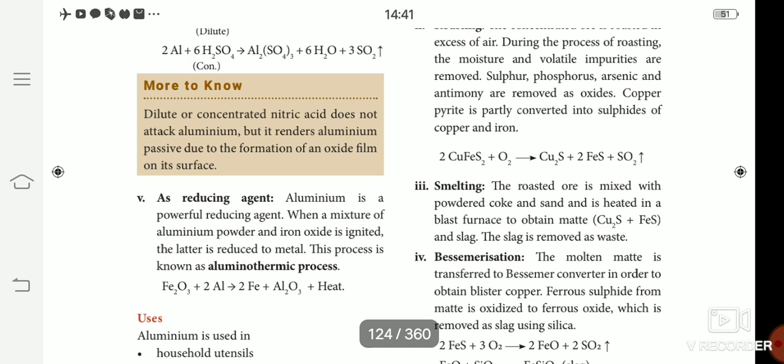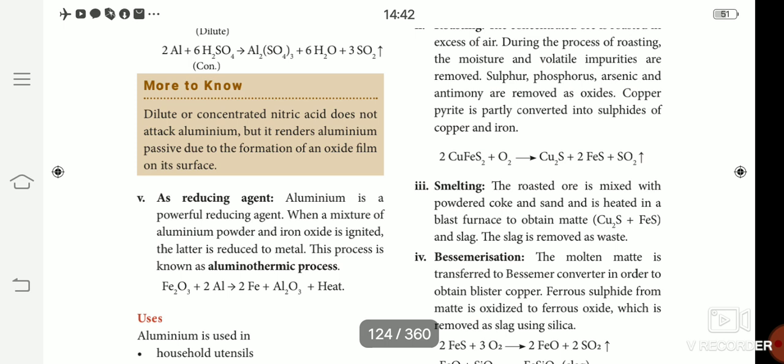Next is bessemerization. How is copper obtained by bessemerization? Air is blown through the molten matte. The blast of air converts the copper glance partially into ruby copper or cuprite.